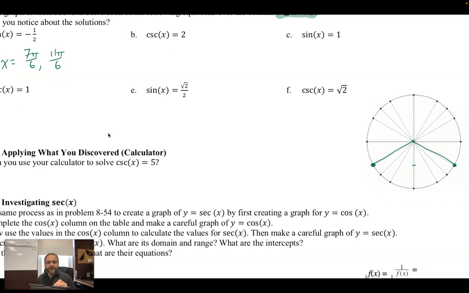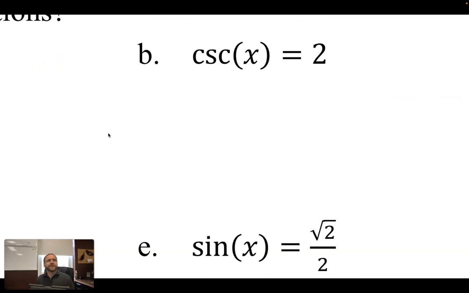But then if I say, okay, here's the unit circle, here's what we've been dealing with, and I want to find my cosecant of x equal to 2. Well, we can't in any way do the reciprocal of the unit circle, but can I do the reciprocal of cosecant?